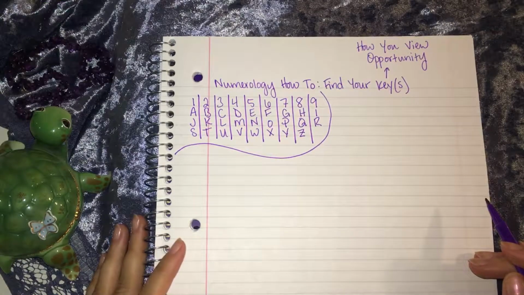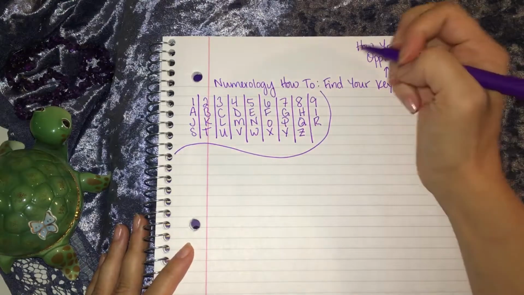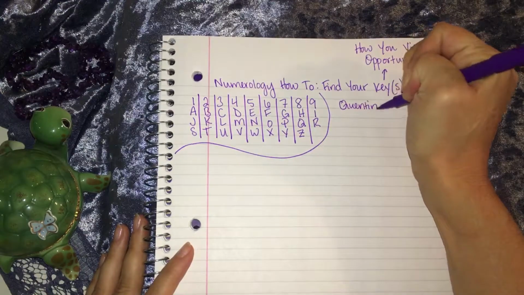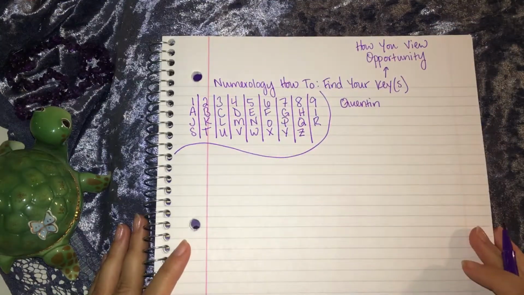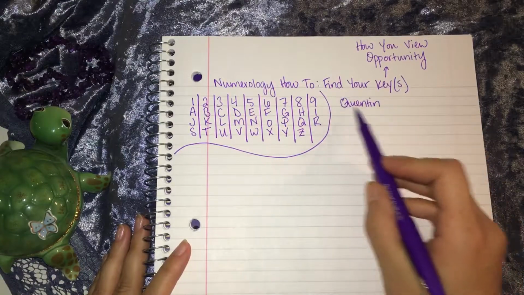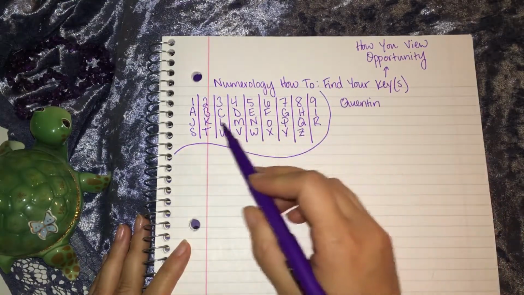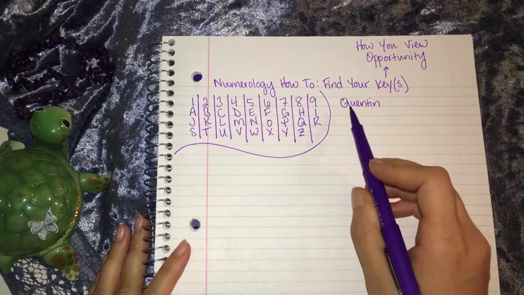So let's say that is kind of an interesting name. Let's say your name is Quentin. Q is definitely a letter I don't see very often. So if your name is Quentin, you're going to first write your name using the numbers that correspond with each letter.